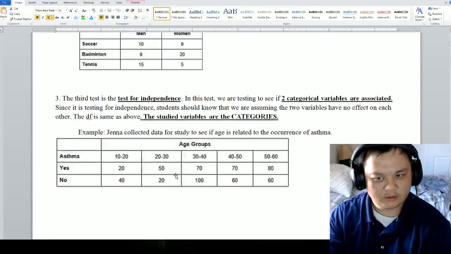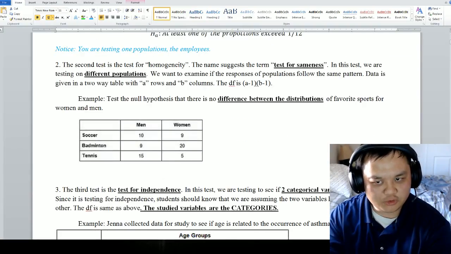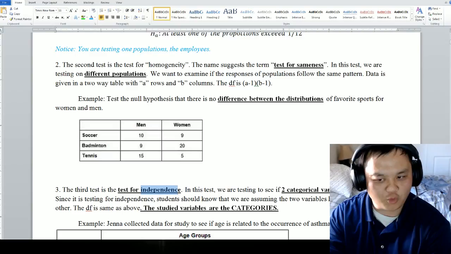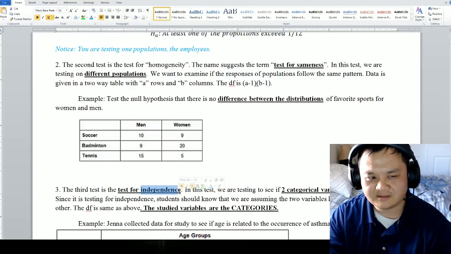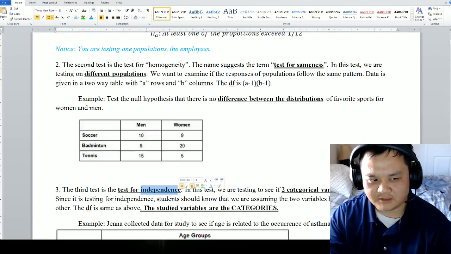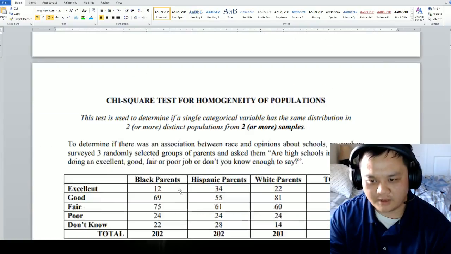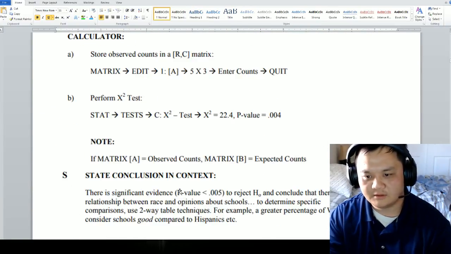So do you see how homogeneity and independence are almost the same tests? Yes or no? Okay. All right. Good.